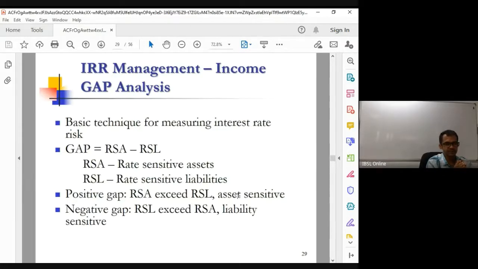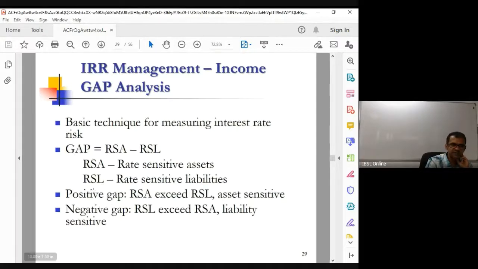That means the assets whose value or income will change due to a change in interest rate, and the liabilities whose value or expense will change due to a change in interest rate. So RSA is the rate sensitive assets, RSL is rate sensitive liabilities. The difference is the gap.